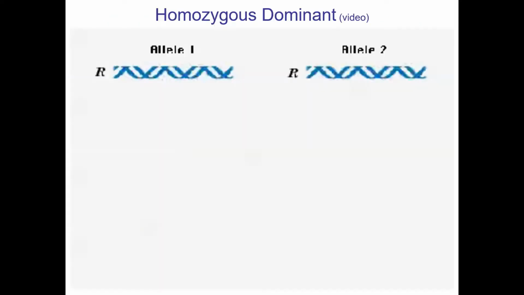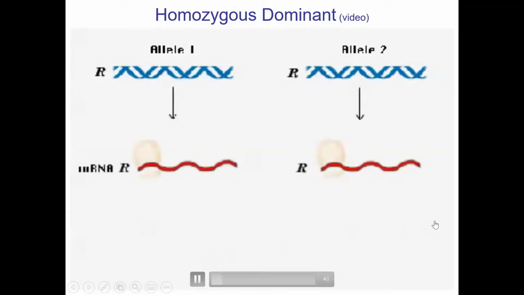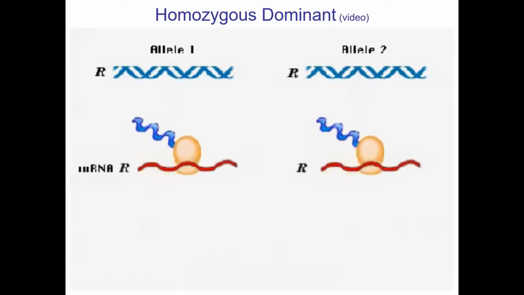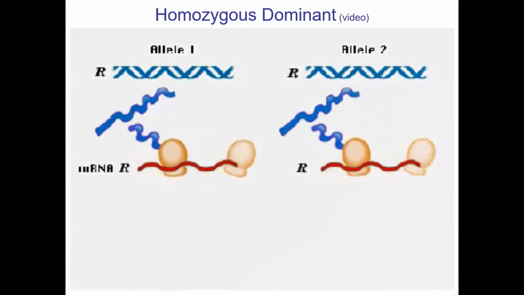So I have a couple of videos here to show you, and you can see there's our genes. I'm going to press play, and this one here is for the homozygous dominant. So that means that two alleles are the same, and this is the dominant color. So let's play. There's the DNA. The DNA, of course, gets transcribed into RNA, and then the RNA gets translated into protein.